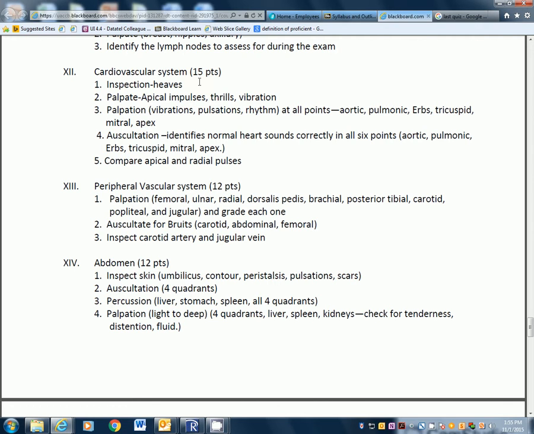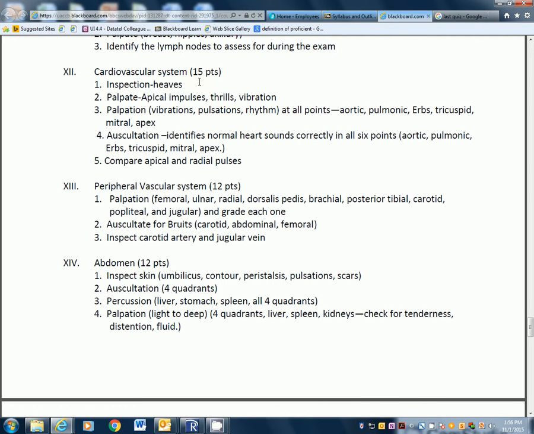You would localize the apex impulse precisely by using one finger pad and asking the person to exhale and hold it. That aids the examiner in locating the pulsation, usually about the fifth intercostal space. You may need to roll the person midway to the left to find it, because that displaces the apical impulse even further to the left.